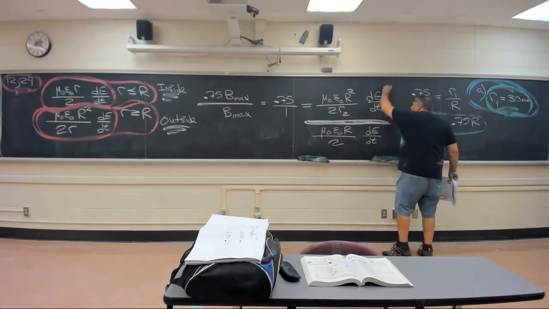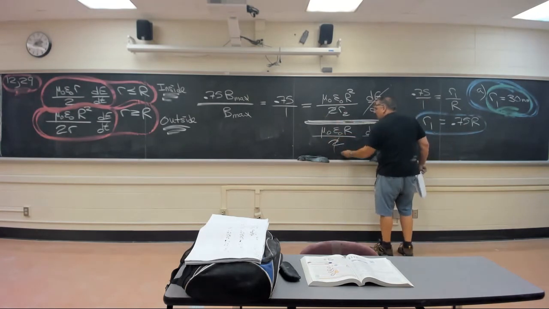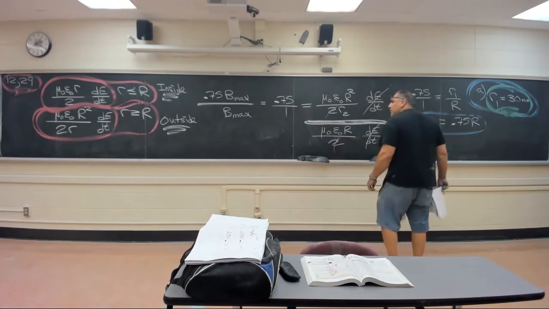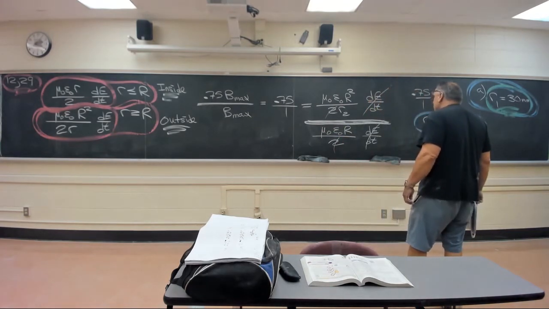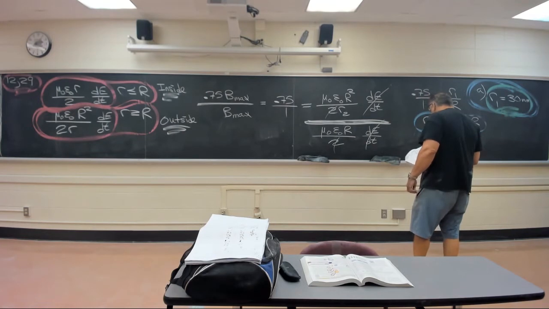That's out of there. The 2's are out of there. Let's make sure I've got this. Right, that's the max. That's this. Yeah, it's looking about right. It's looking pretty good.